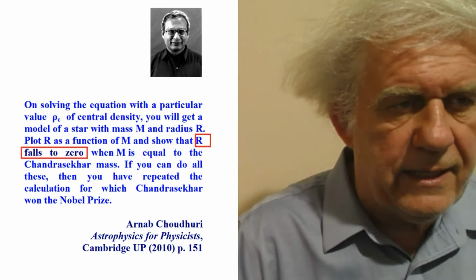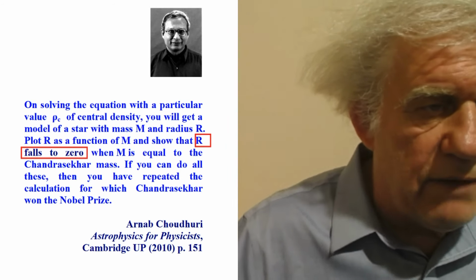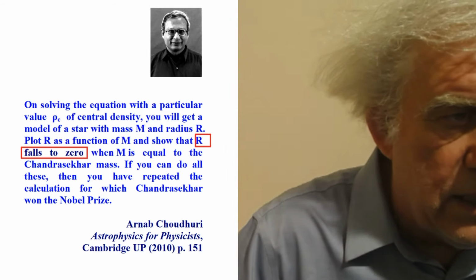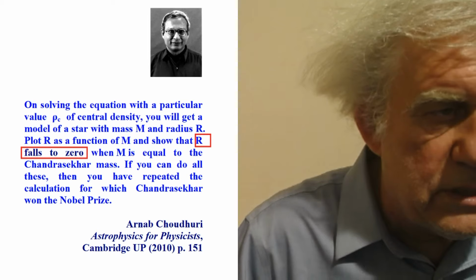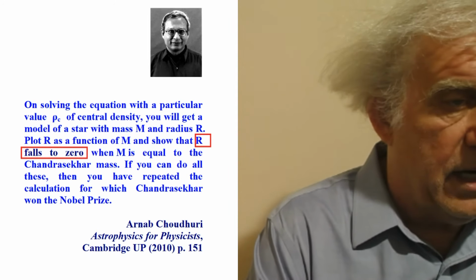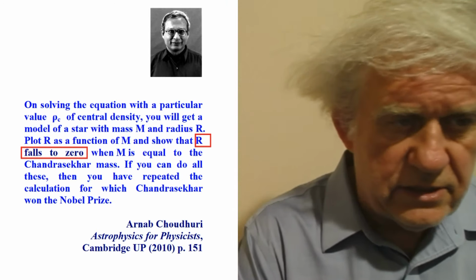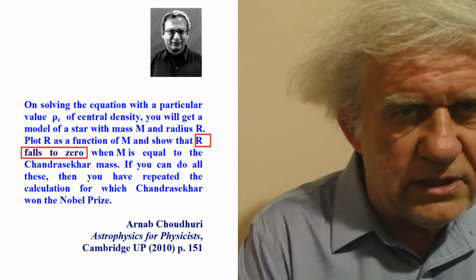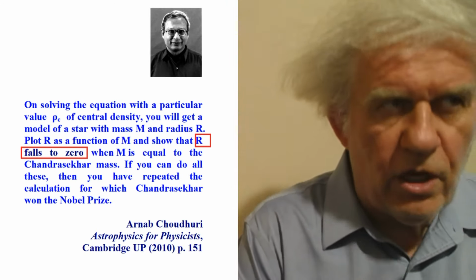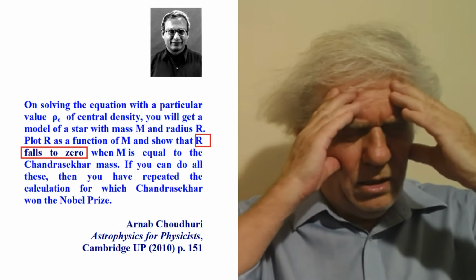And here, just in case, we have another fellow from Cambridge, and he says the following: on solving the equation with particular value rho of central density, you will get a model of a star with mass m, radius r. Plot r as a function of m and show that r, the radius, falls to zero. Radius falls to zero. What can that possibly mean?